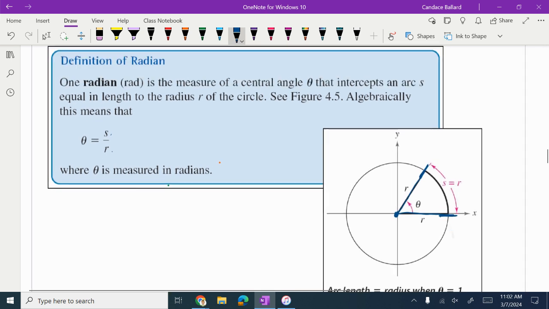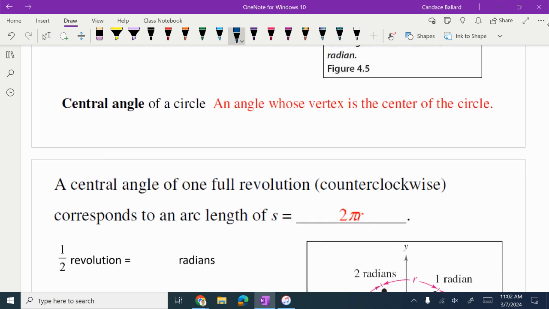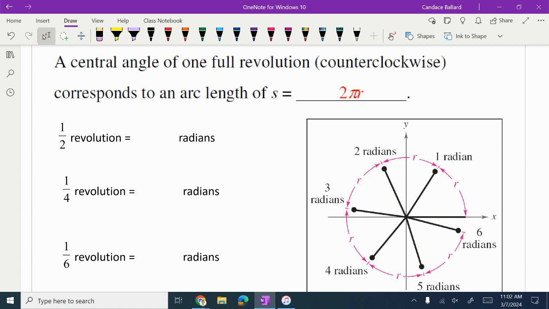A central angle is an angle whose vertex is in the center of the circle. We already talked about that. Looking at this next part here, the second box, and then we actually get to do something. So a central angle of 1 full revolution clockwise corresponds to the arc length of 2 pi r.